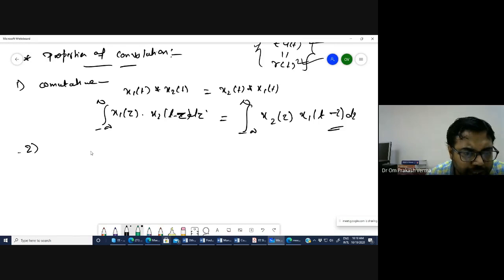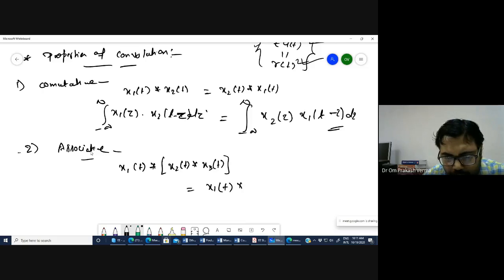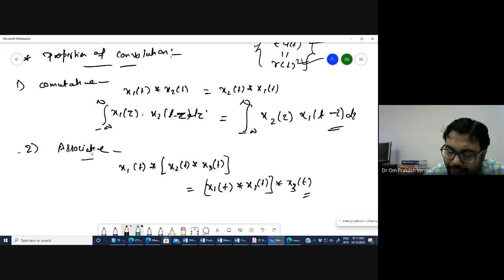Second one is the associative property. So what does it mean? x1(t) convolved with x2(t) convolved with x3(t). It doesn't matter how you calculate. Let's say first you calculate x1(t) with x2(t) convolution, and then you calculate the convolution with x3(t). You will get the same result.